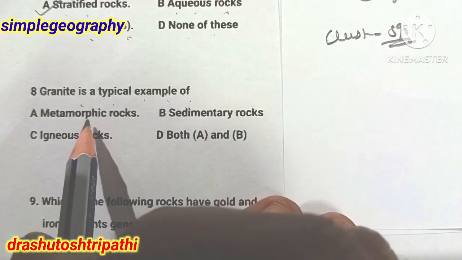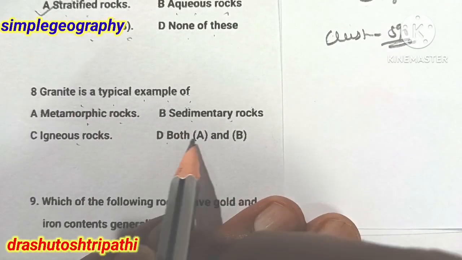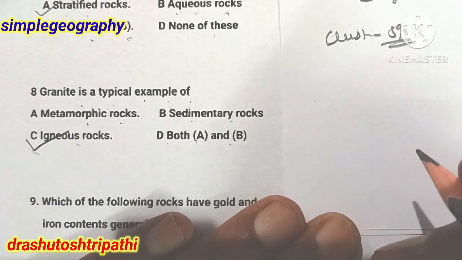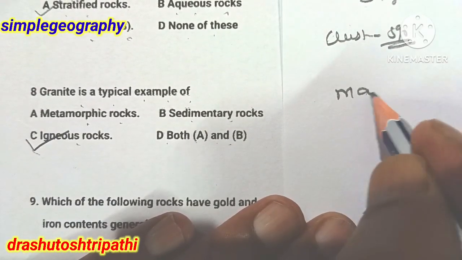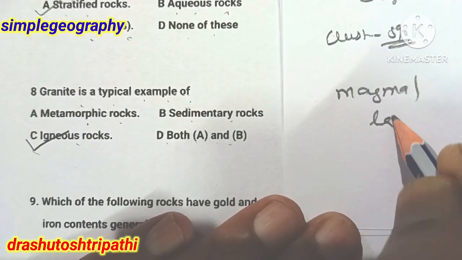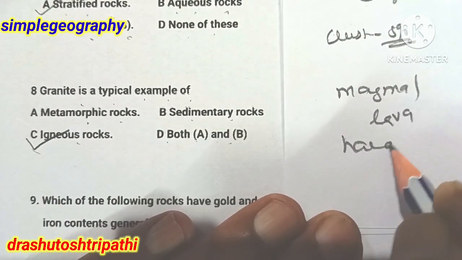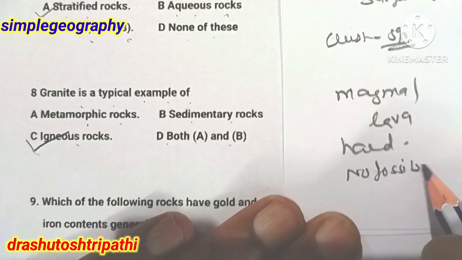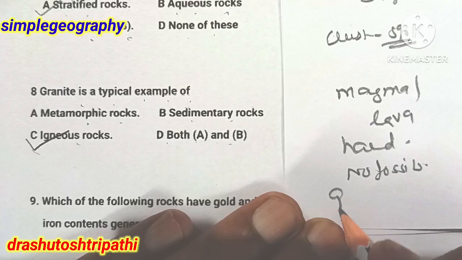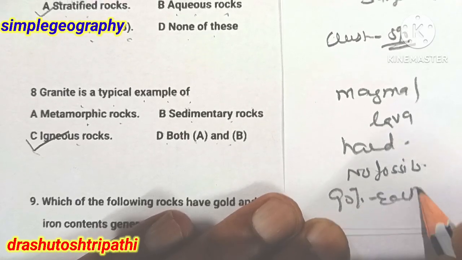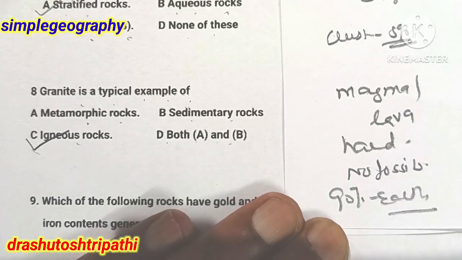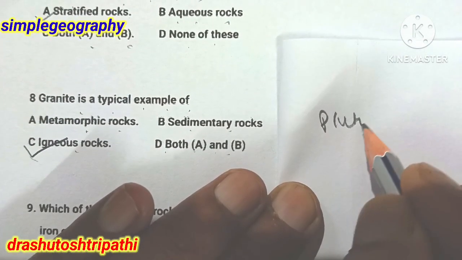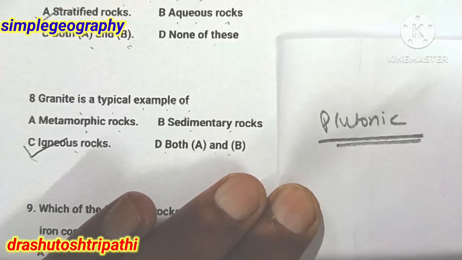Granite is a typical example of metamorphic rock, sedimentary rock, igneous rock, or both A and B? The answer is C, igneous rock. What are igneous rocks? The rocks which are formed by the cooling of magma and lava. They are hard and do not contain any fossils. And the important thing is that 90% of the earth's crust is formed by this rock. Granite is actually a plutonic type of igneous rock.